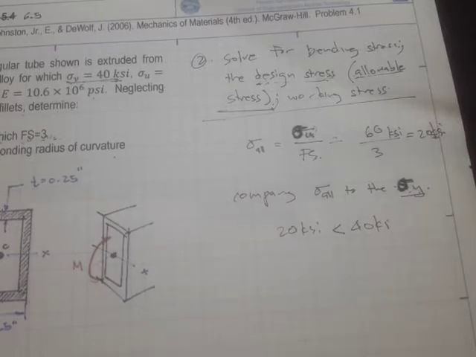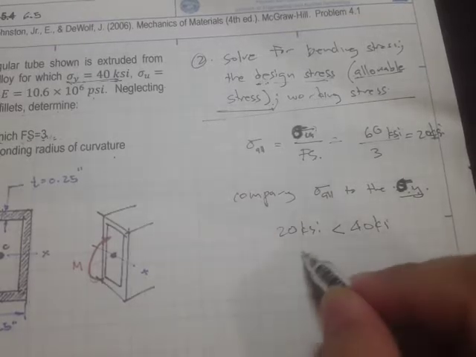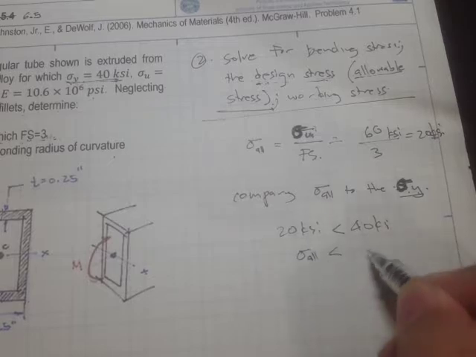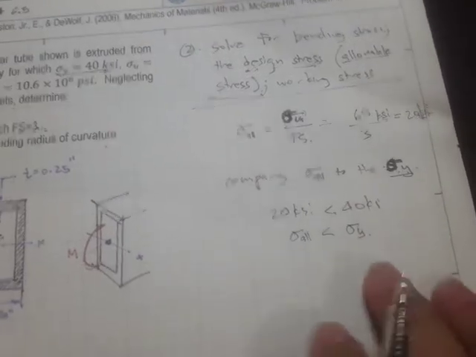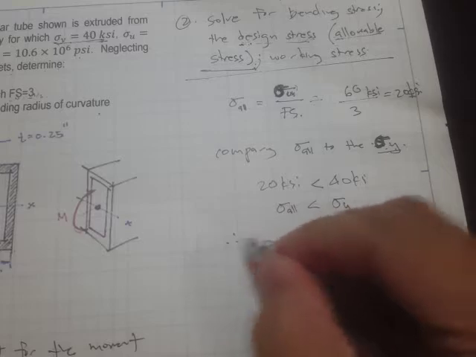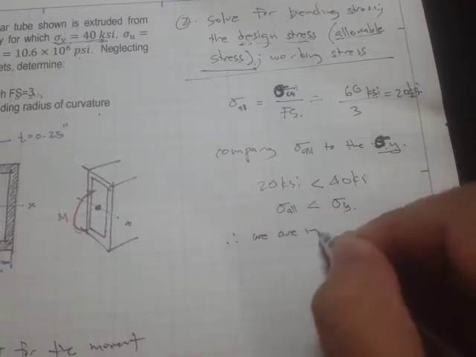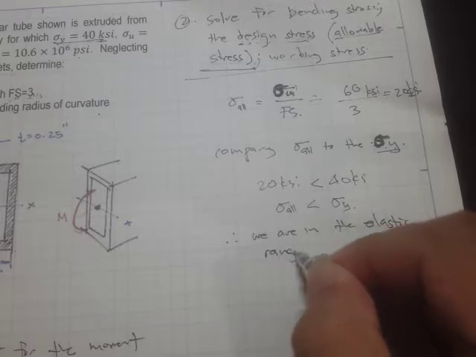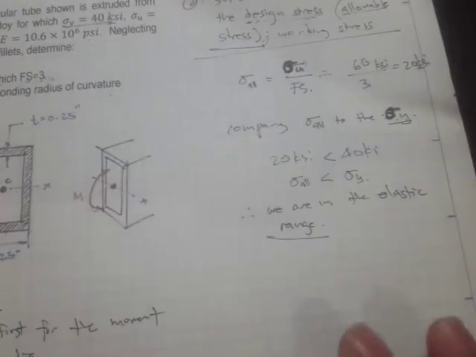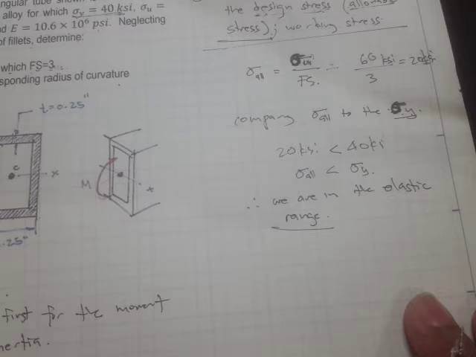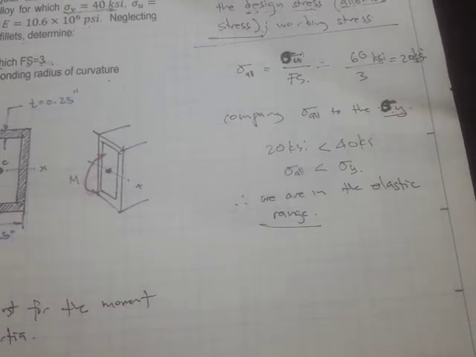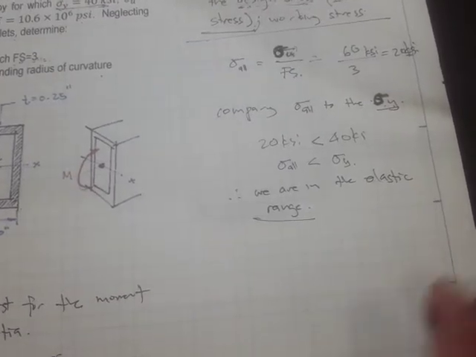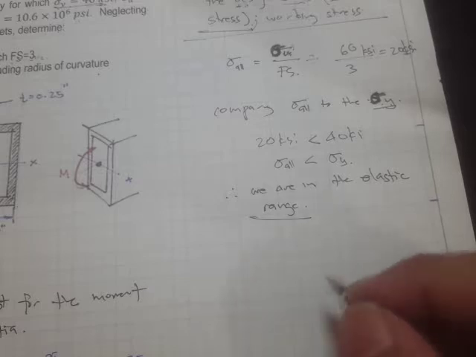And what that means is that since sigma allowable is less than sigma y, therefore we are in the elastic range. So if we are in the elastic range, then we can use the Flexure formula because it's derived for the elastic region.